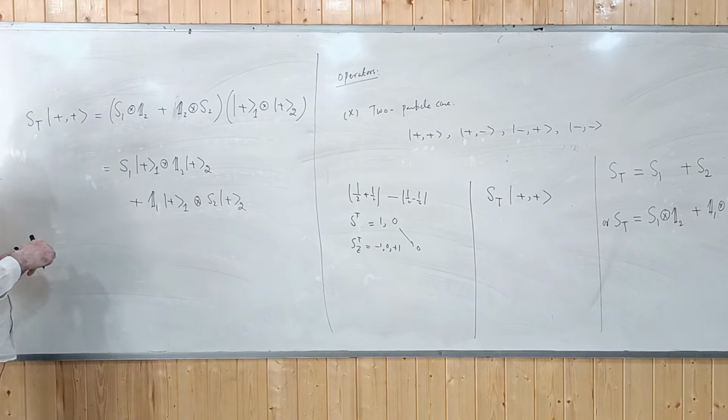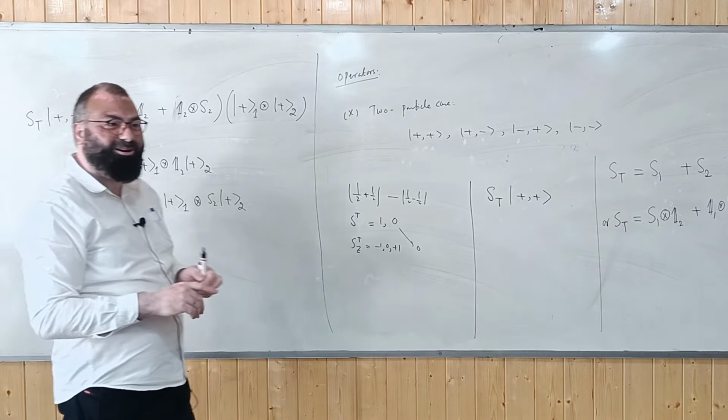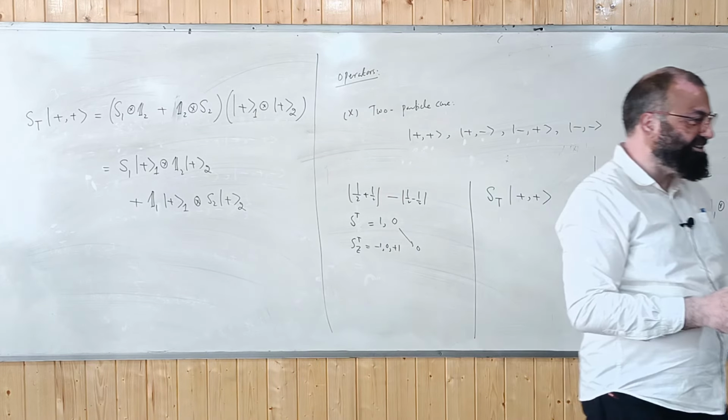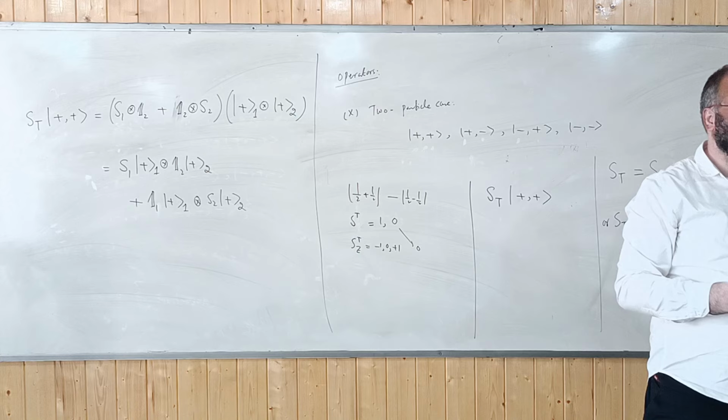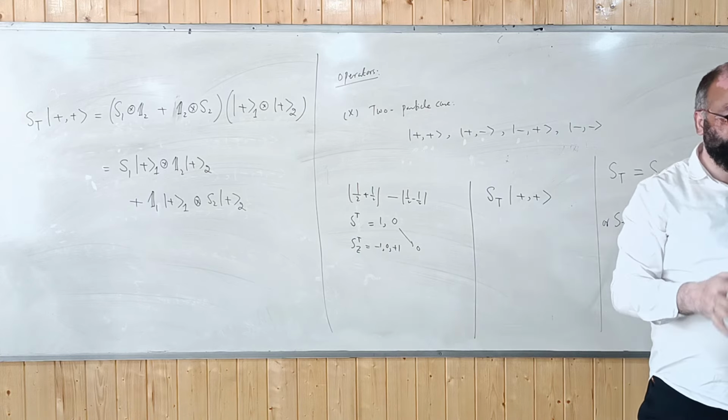No, I should not operate S, because S does not operate directly. I should operate SZ. You cannot operate S directly; you have to operate S square. Can you operate S directly?